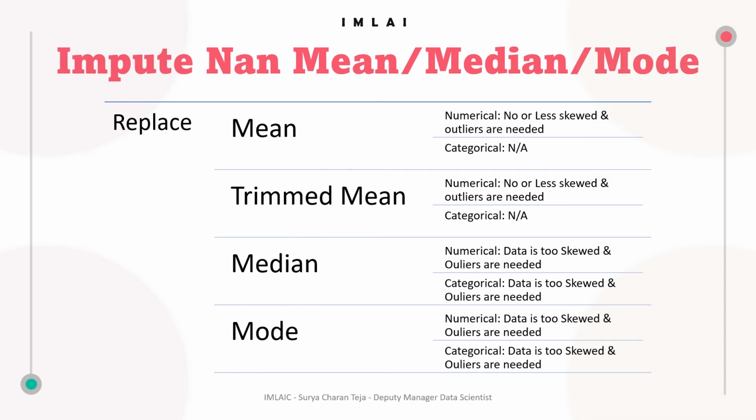So that's this: mean, median, mode imputing. Impute NaN using mean, median, mode. The absence of data reduces statistical power, which refers to the probability that the test will reject the null hypothesis when it is false.